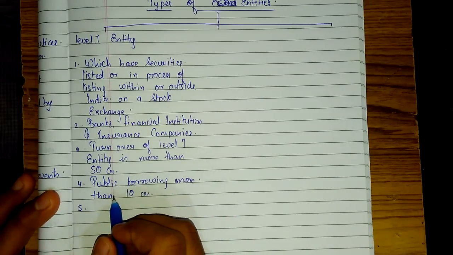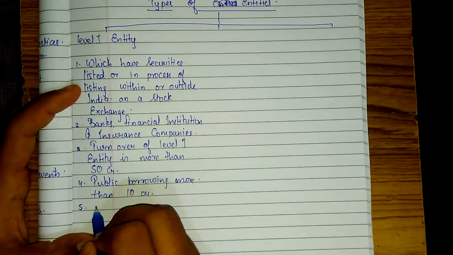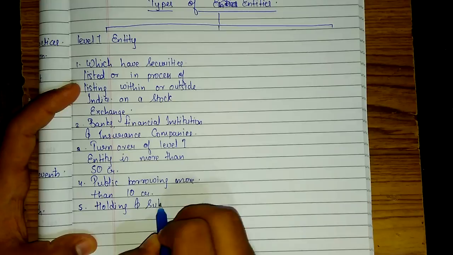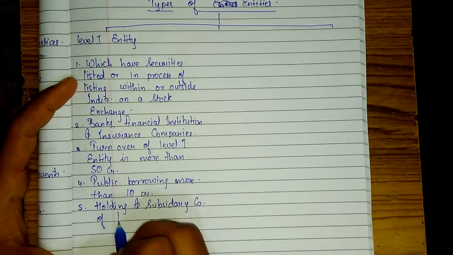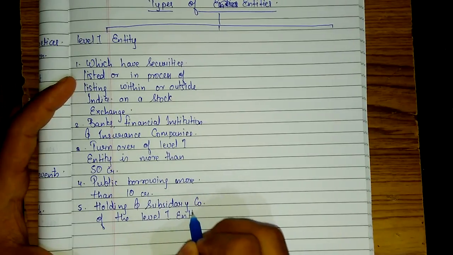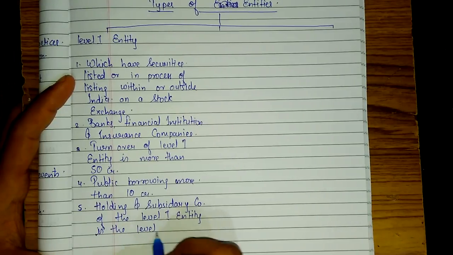Fifth, who are level 1 entities? Holding and subsidiary company of the level 1 entity is the level 1 entity.